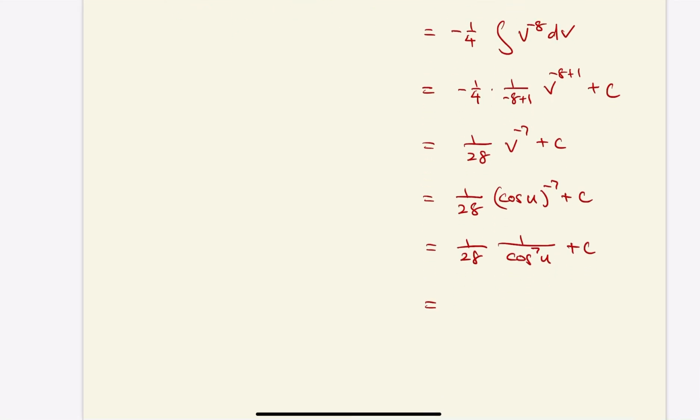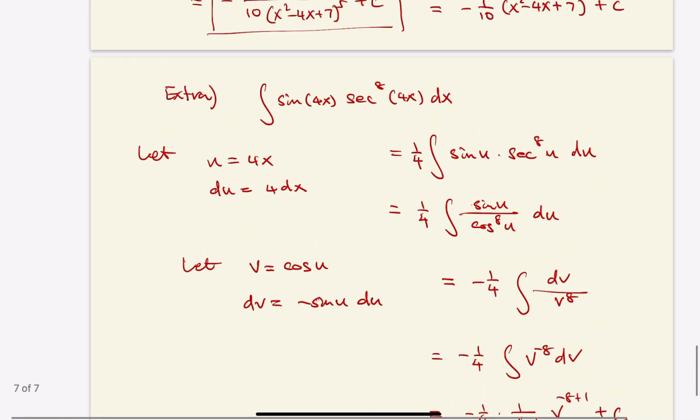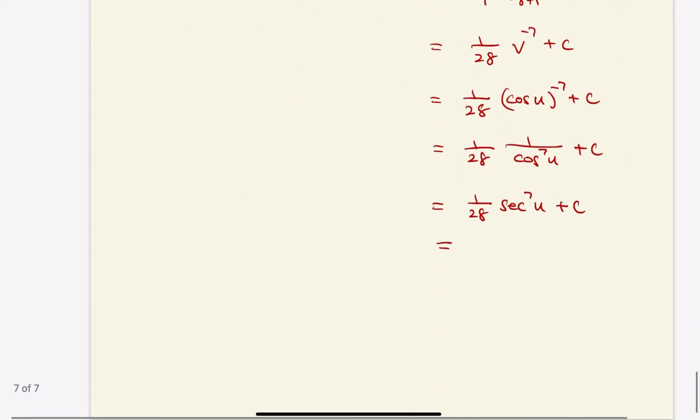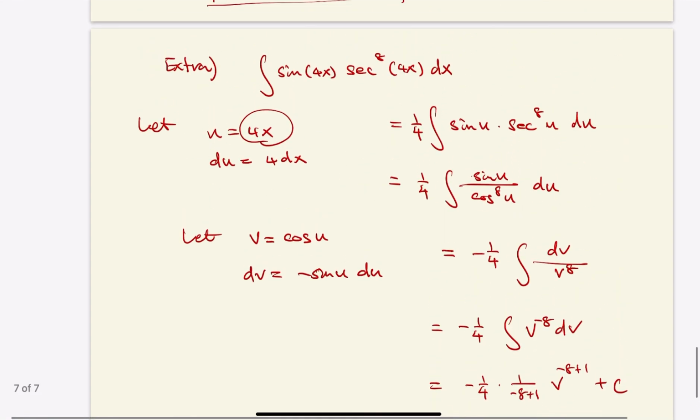And then we know 1 over cosine is secant, so 1 over 28 secant to the 7th power u plus c. And u was, if you go back here, 4x. So substitute back, that's the last step: 1 over 28 secant to the 7th power 4x plus c. Double check, yes.